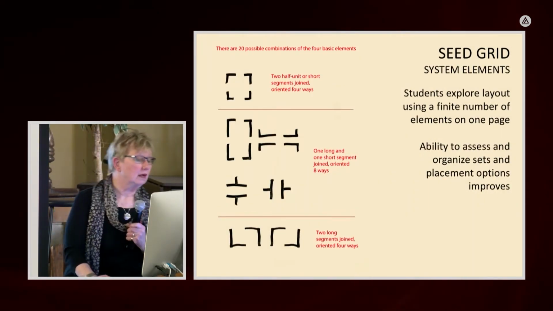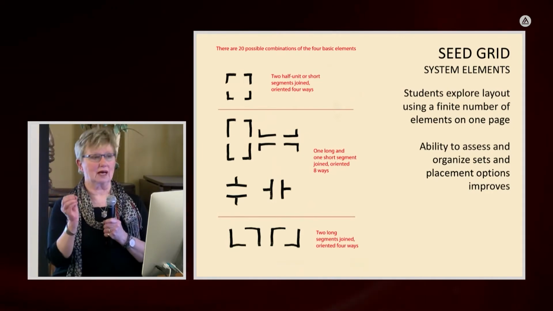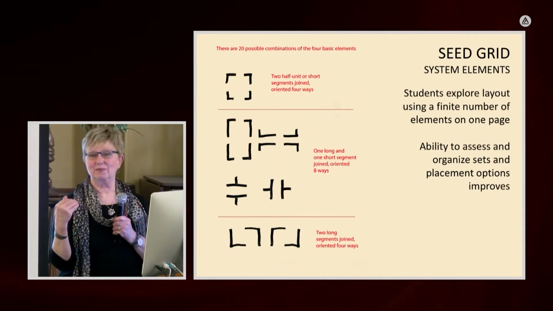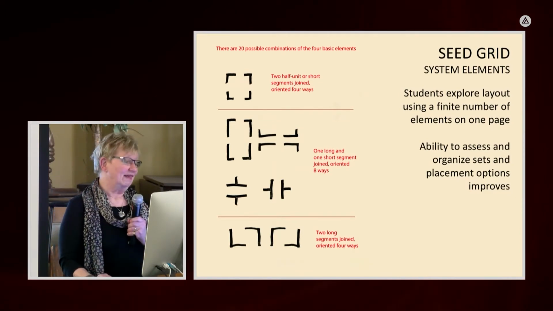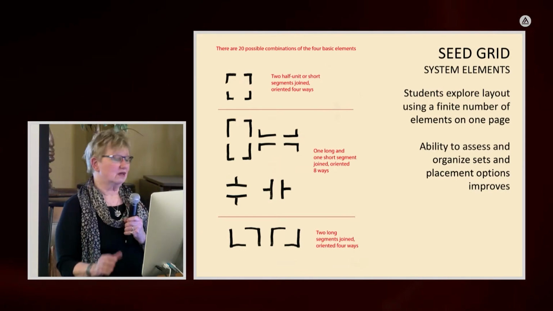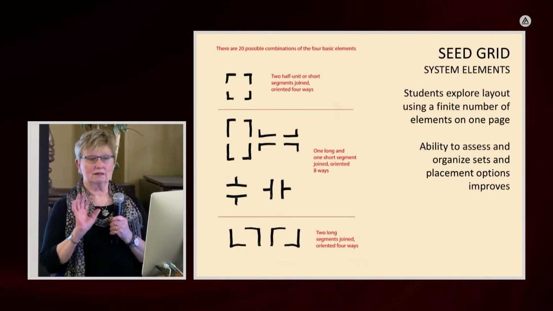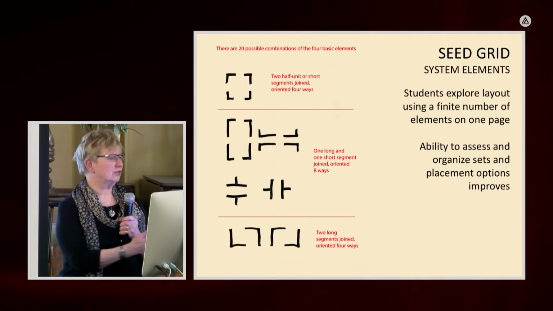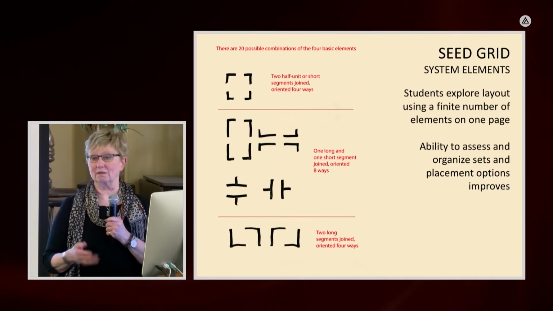Here, when you work with a seed grid, it's not just dots. We start with lines, then pairs of lines, a double glyph, then we add another one. So what you do is you realize that there's 20 possible combinations of the 4 basic elements.